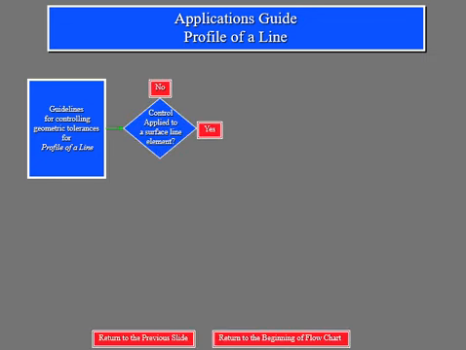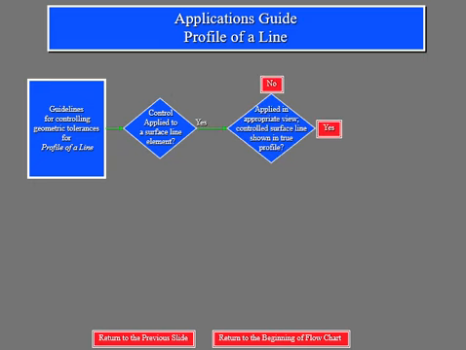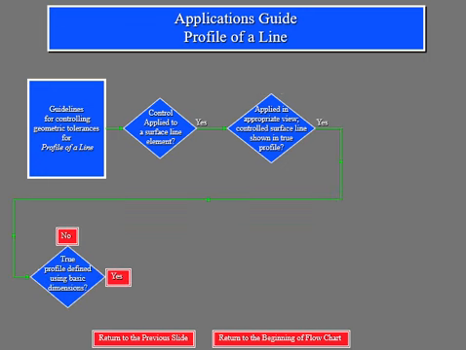Okay, so we will go into our decision making flowchart right there. So first we're going to look at the control applied to the surface line element, and if that is yes, we're going to see if that's applied in the appropriate view. View is very important. You remember that we switched from the front and also to the right. And that control surface line is shown in the true profile.